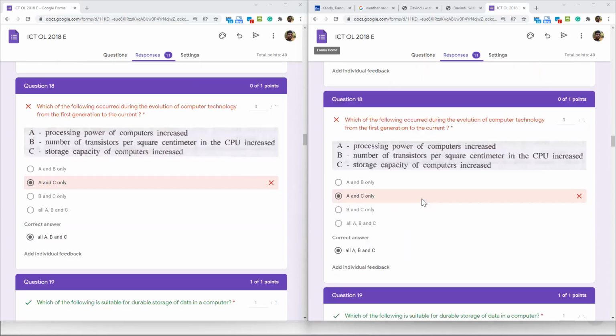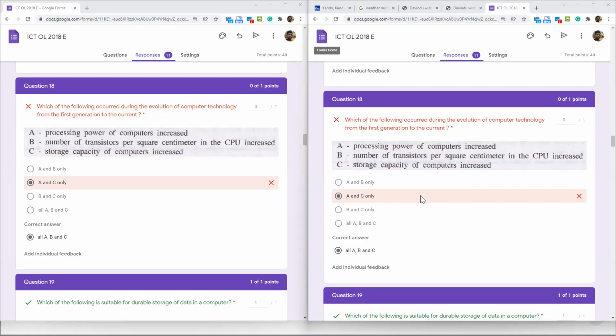Question number 18. Which of the following occurred during the evolution of computer technology? With the evolution, what has happened? First one, processing power increased, yes. Number of transistors per square centimeter in the GPU increased, yes.